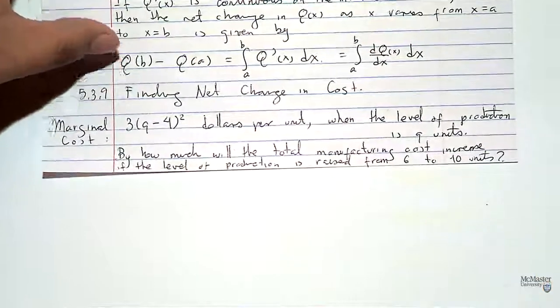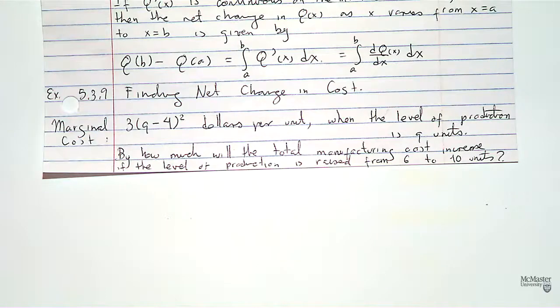So what you're given is the marginal cost, which is the rate of change of the cost, and you're basically wanting to find the difference in the cost at 10 units minus the cost at 6.